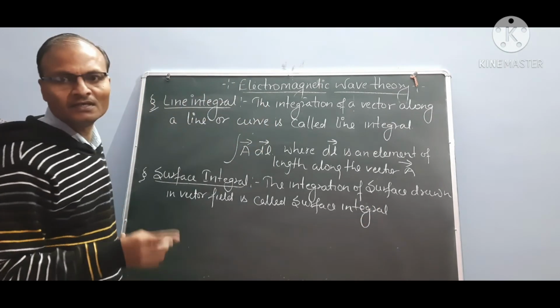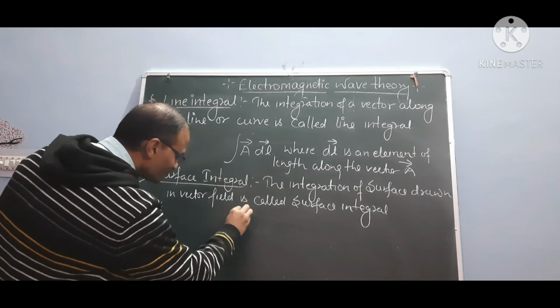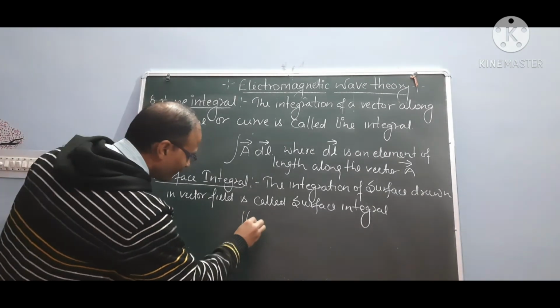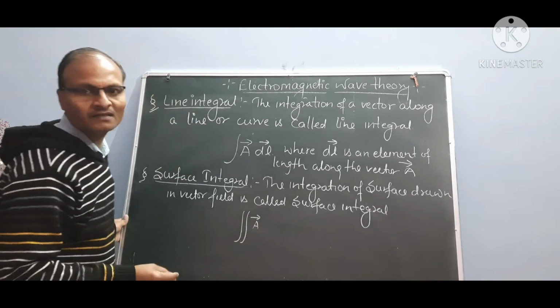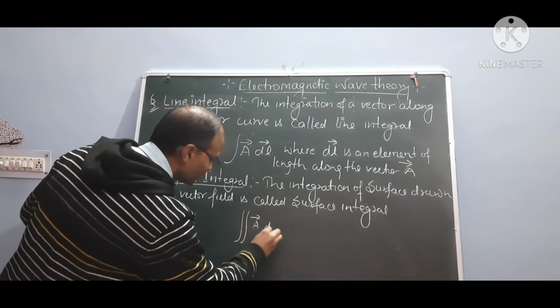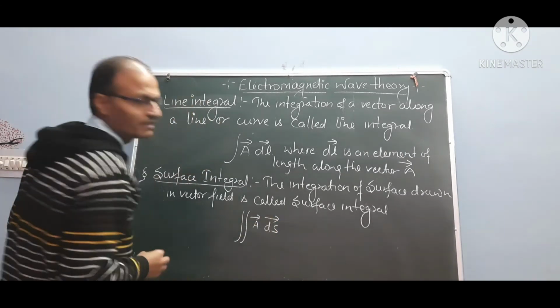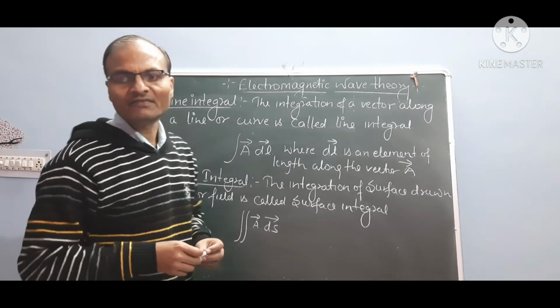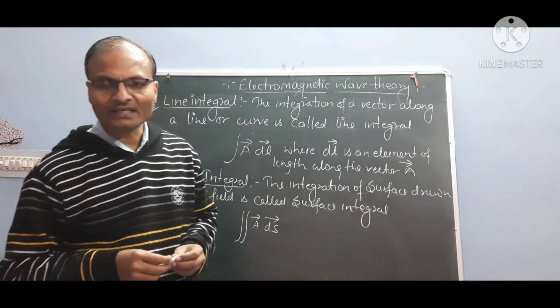If expressed, the surface integral is a double integral of the vector A dot ds, where ds is the surface area element. So ds is an infinitesimal element of surface.